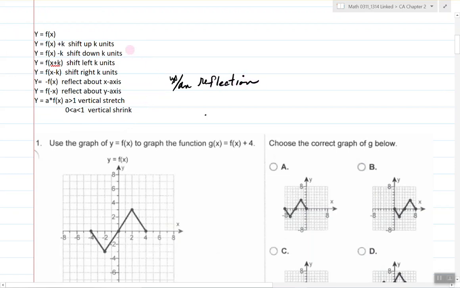If instead you change the sign of x before the function has a chance to act on it, then it reflects about the y-axis, and I'm going to say that that is a left-right reflection.